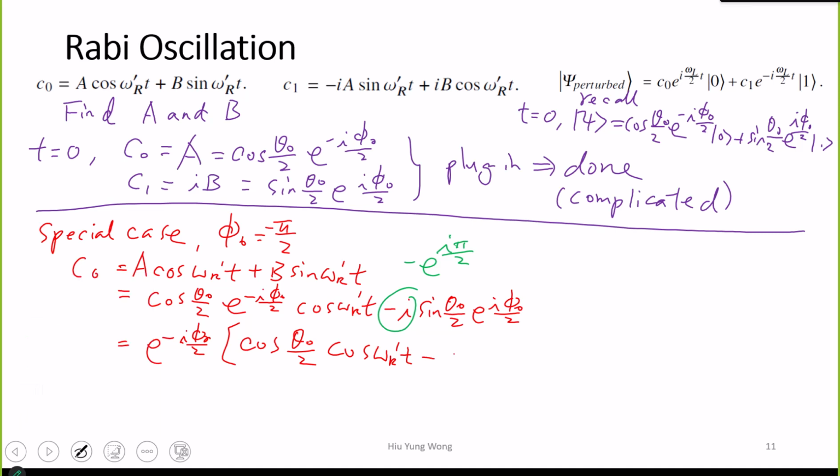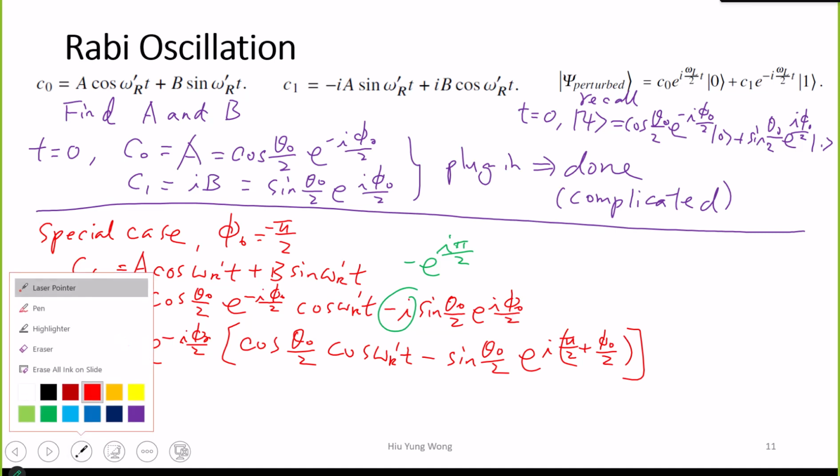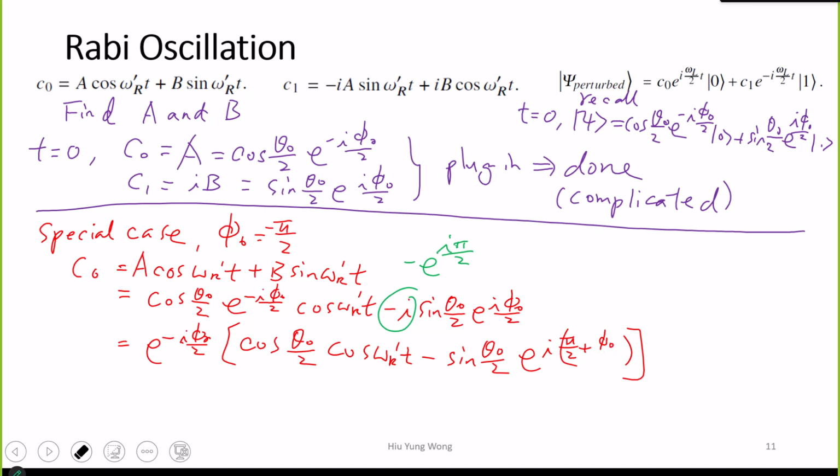And this is minus sine phi naught over 2 e to the power I pi over 2 plus phi naught over 2. Why is that? Because I have negative I, and I is e to the power negative I pi over 2. So I combine these two together, but actually I jumped 2 steps.